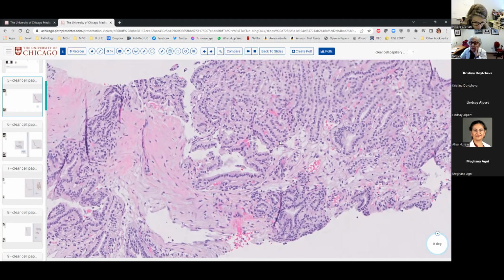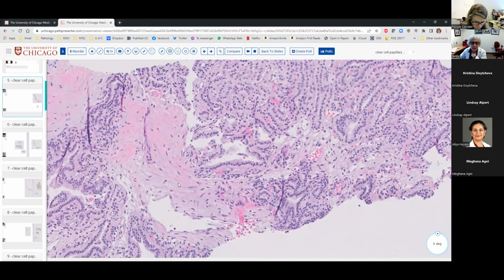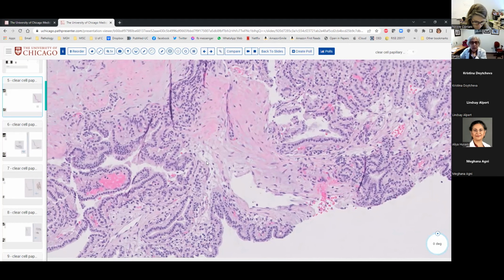Papillary RCC could be in this differential, although there's no really good papillae, and there are no macrophages. There's nothing like that. Translocation RCC, as you know, can look like anything.